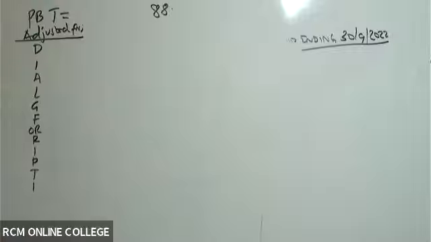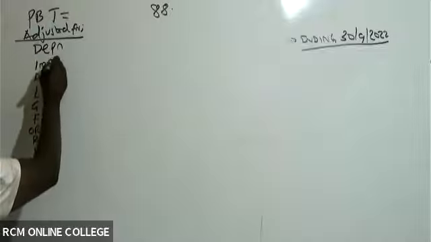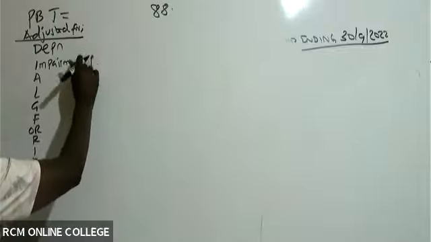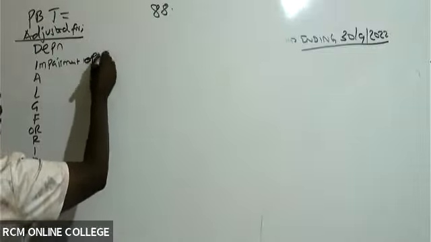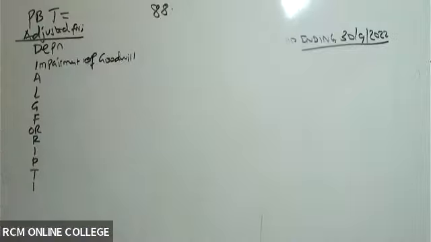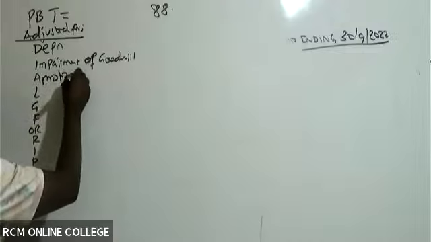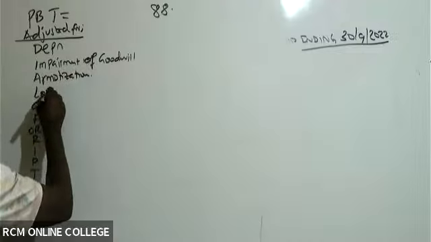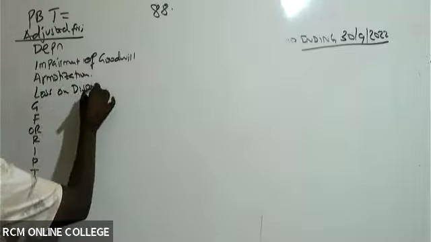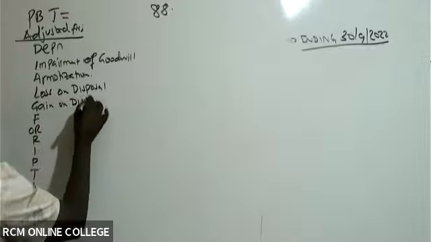Look a bit bigger. So this one here is depreciation, impairment loss. But just say impairment of goodwill, no problem. Then we have amortization. We have here loss on disposal. We have gain on disposal.